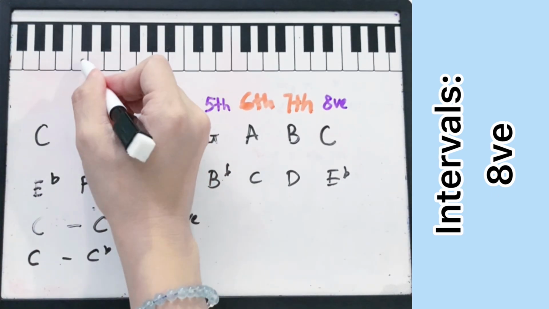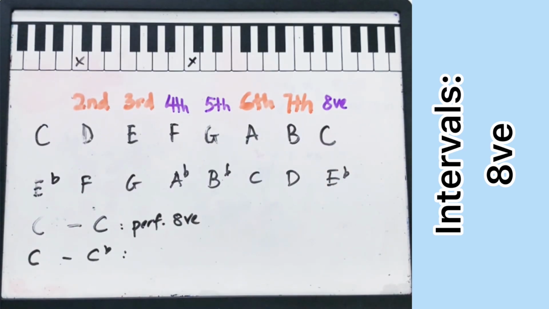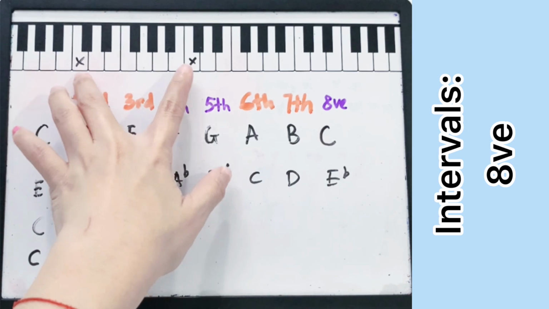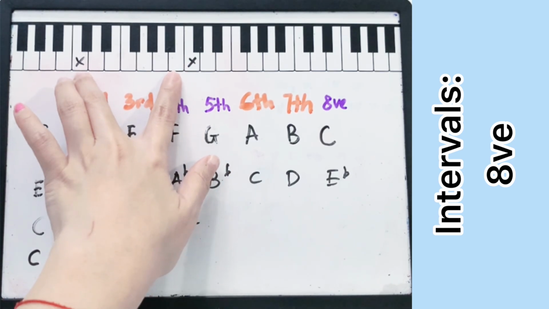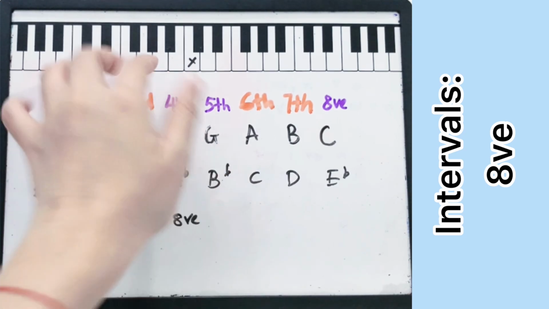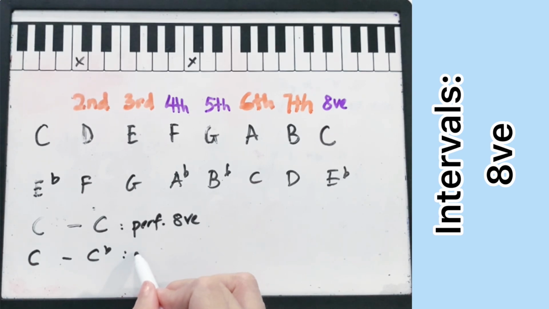Okay, so C to C is a perfect octave. There's two, right? And C to C flat, the overall distance has been reduced. So minus 1 would be a diminished octave.